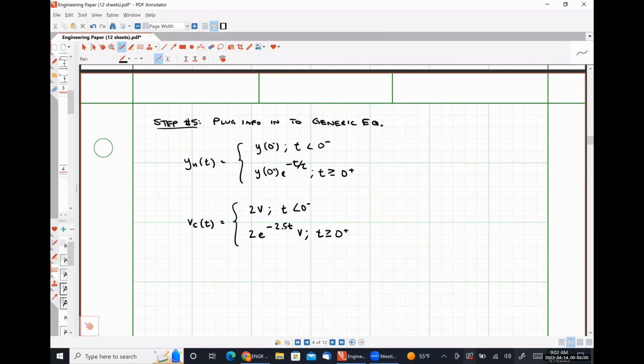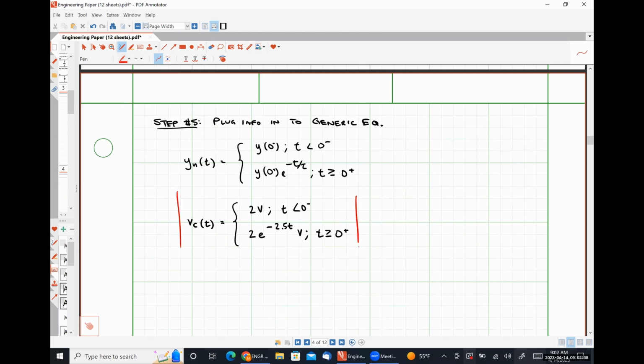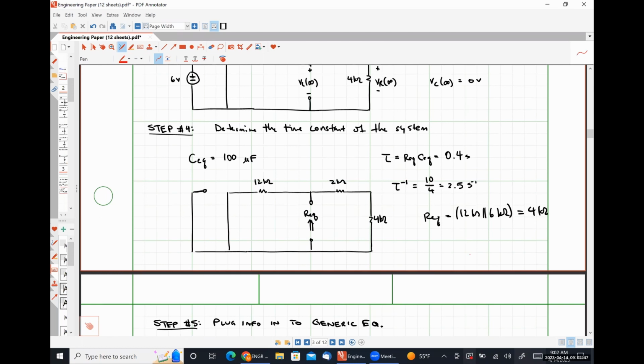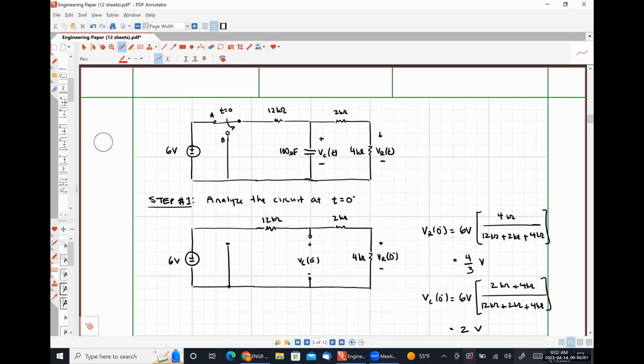So just for the sake of argument, knowing that this is the capacitor voltage, if we wanted to find the voltage drop across that resistor up here, without ever having taken any information regarding VR, we could simply find VR by applying voltage division, right?